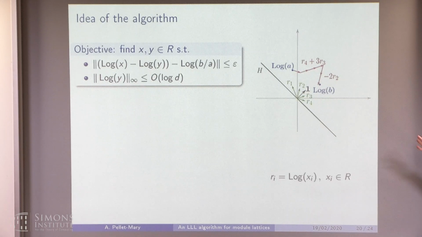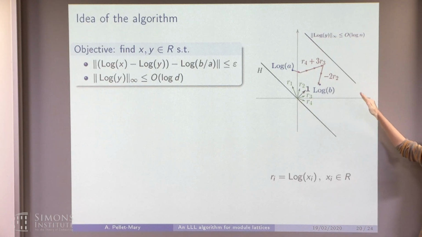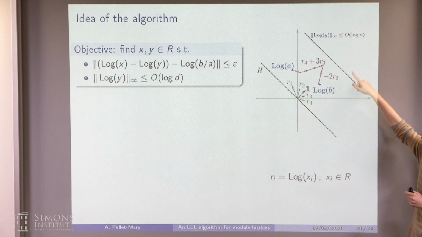And all the elements with positive coordinates are going to go for x, and the negative ones are going to go for y. So that's what I'm going to do. And the second condition now, that log y should not be too large, simply means that my path, if I first put all the positive coefficients and then all the negative ones, I don't want this path to cross some line, which is log b plus big O of log n.